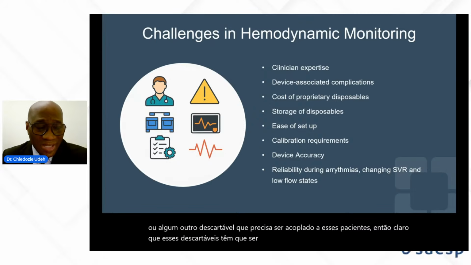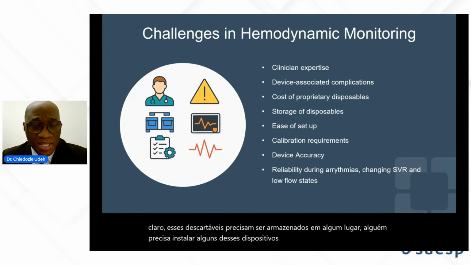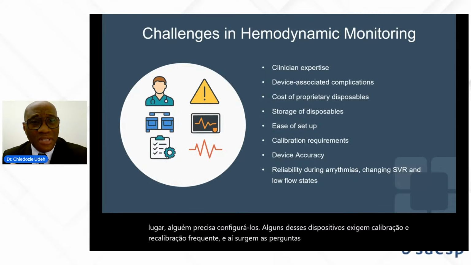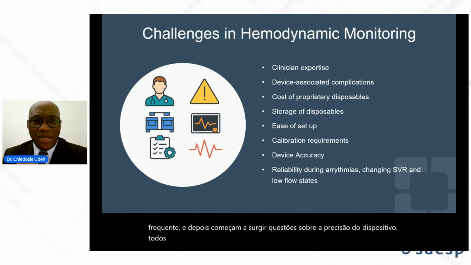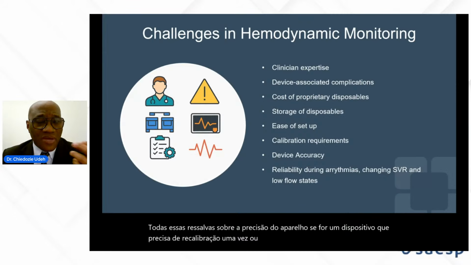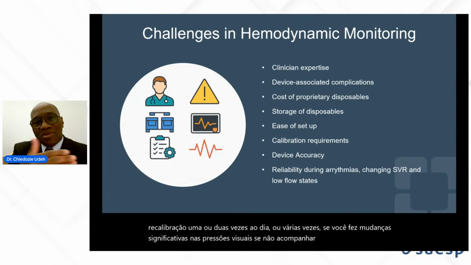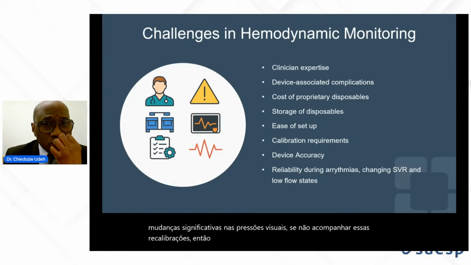Someone has to set them up. Some of these devices require calibration and frequent recalibration. And then the questions of device accuracy begin to come into play. After all these caveats, how accurate is it, right? If it's a device that requires recalibration once or twice a day, or several times if you've made significant changes in your vasopressors, and you don't keep up with those recalibrations, then your measurements begin to drift.